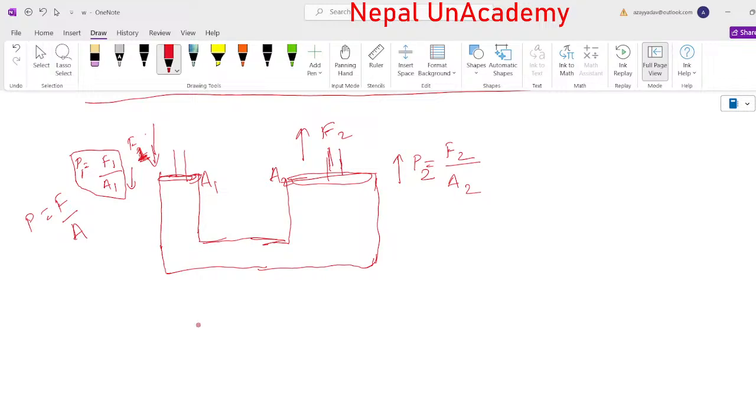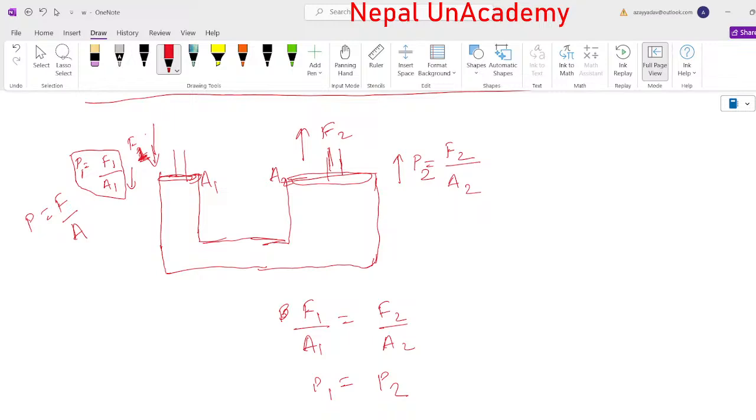So we conclude that by Pascal's law the pressure P1 is equal to P2, that is F1 by A1 is equal to F2 by A2.